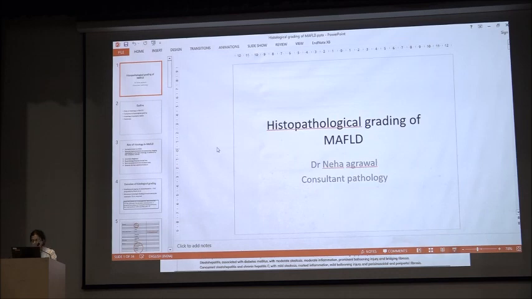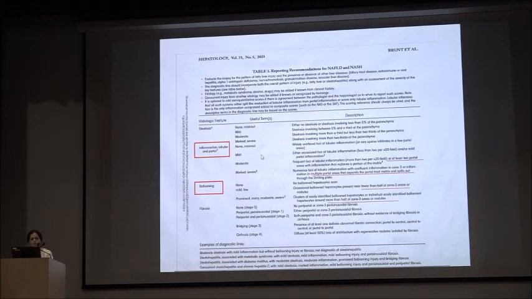A few important things to note in this system, where the improvisations over the Brunt system can be seen, are that in inflammation they have included both portal and lobular inflammation, as in the initial system. In portal inflammation, moderate inflammation is called when at least 2 portal areas are involved, and marked portal inflammation is scored when multiple portal areas are involved with spillover into the adjacent hepatic parenchyma.